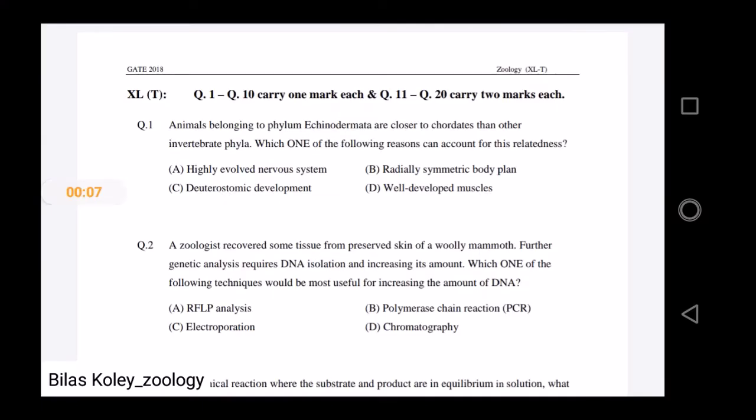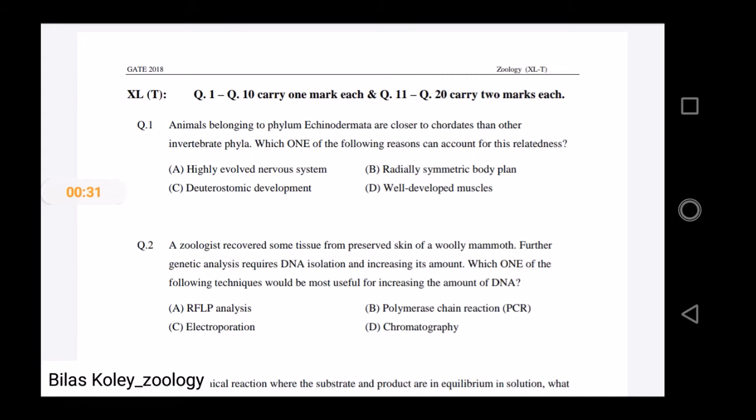Now we will discuss question number 1. Animals belonging to phylum Echinodermata are closer to chordates than other invertebrate phyla. Now the question is, which one of the following reasons can account for this relatedness?